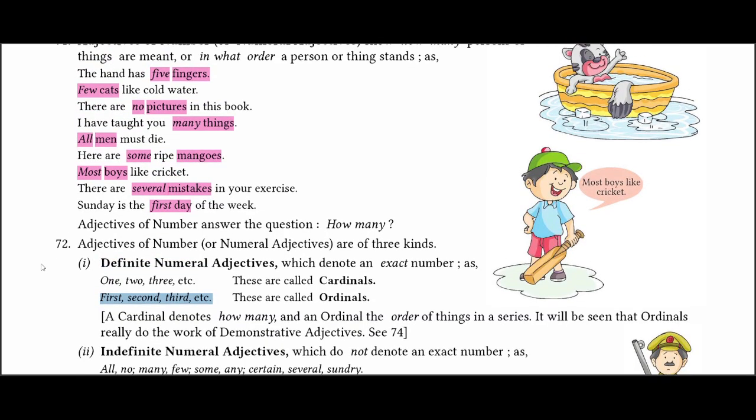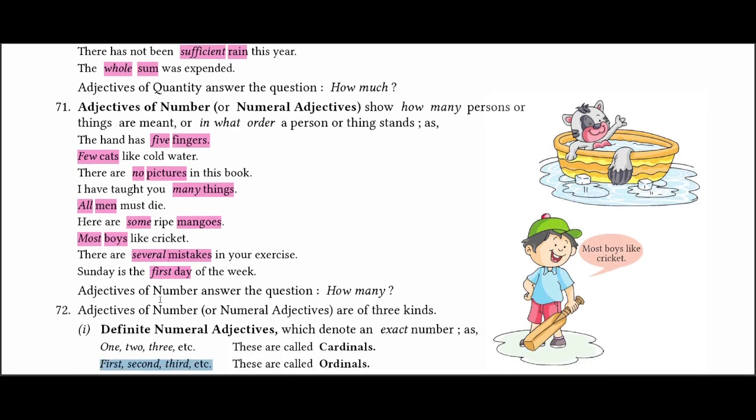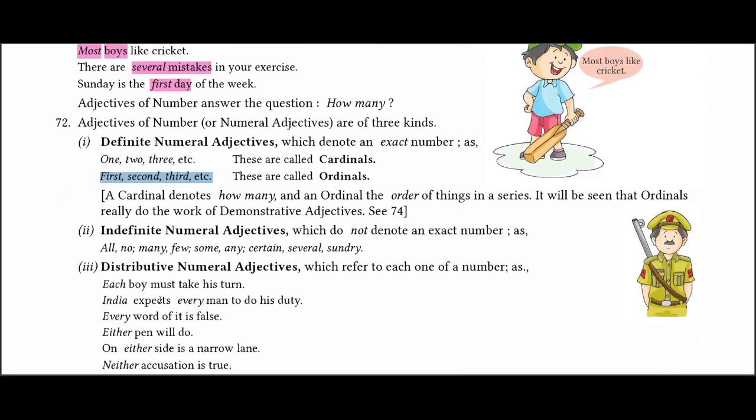Now, again, refer to the previous examples. 5 mangoes. 5 is a cardinal. Sunday is the first day of the week. First is an ordinal.